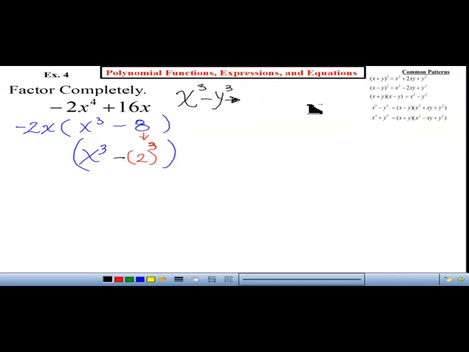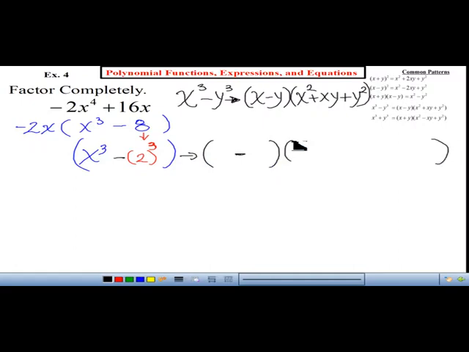The pattern gives me x minus y, and then the big parentheses is x squared plus xy plus y squared. So I'm going to use this to follow this. Small parentheses is right here with a subtraction sign. Big parentheses is over here.